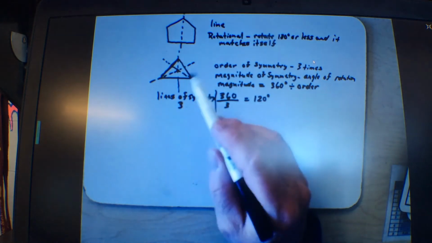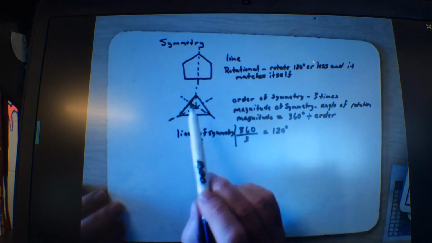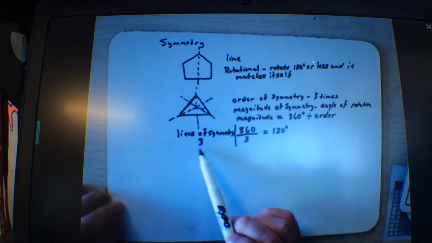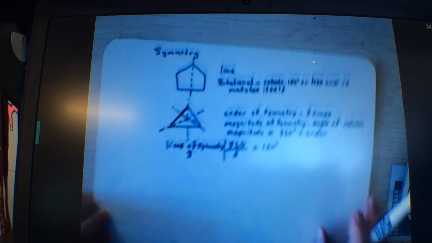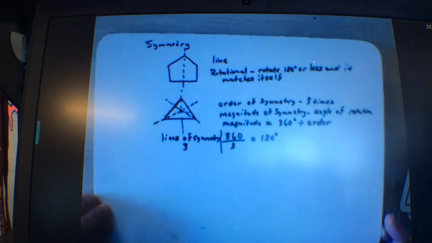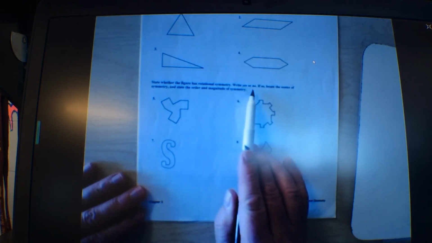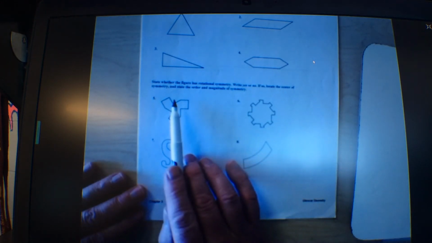Now, the first 4 are just lines of symmetry. So I'm going to draw the lines of symmetry, and then I'm going to state how many there are, okay? If it doesn't have any lines of symmetry, we say no. Then for the last ones, what I want you to do is state whether it has rotational symmetry, so yes or no, and then locate the center of symmetry. Remember that I located the one there?